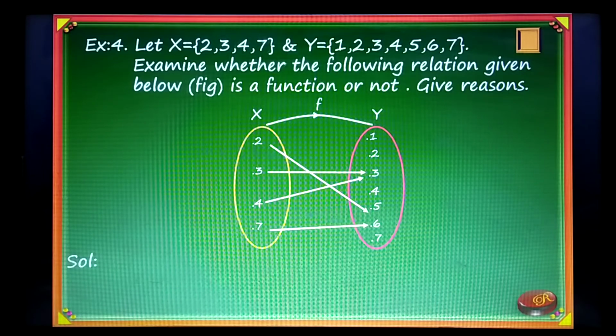What about the solution? Is it a function? Yes, relation f is a function. How can we say it is a function? Because every element of x has a unique image in y.